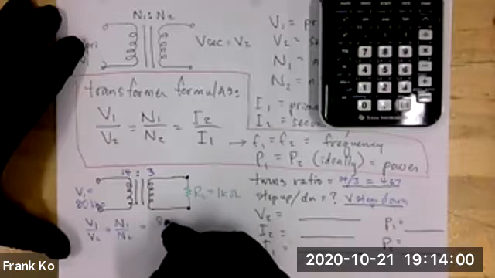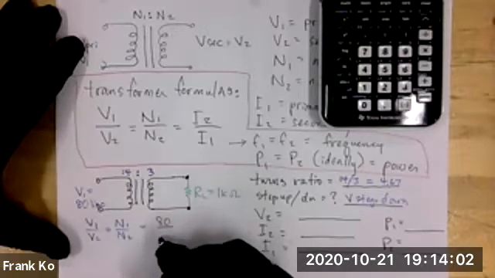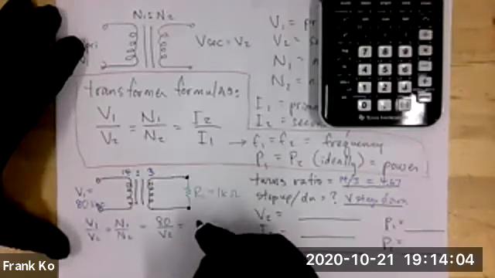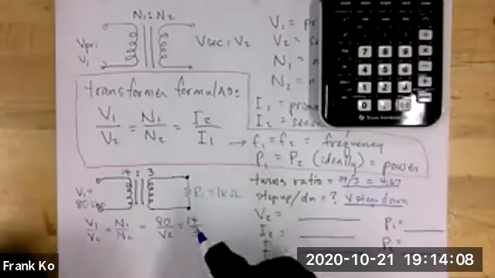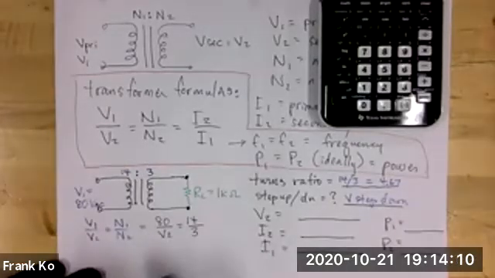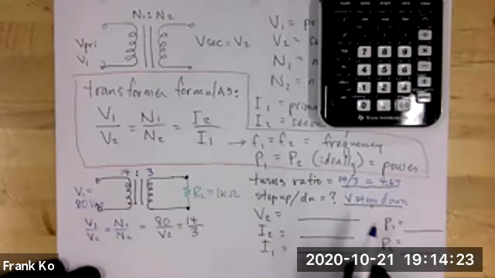So I happen to have 80 over V2 is equal to 14 over 3. Did I fill in the values correctly based on the numbers around my drawing? So far, so good? All right, so how do I find, given two ratios that are equal to each other, the unknown?